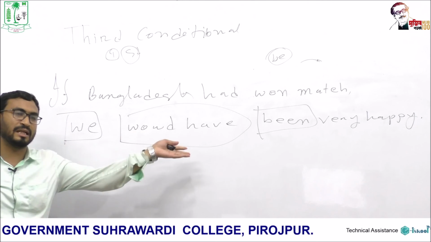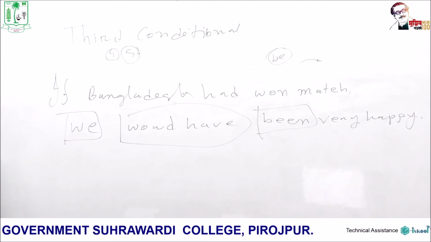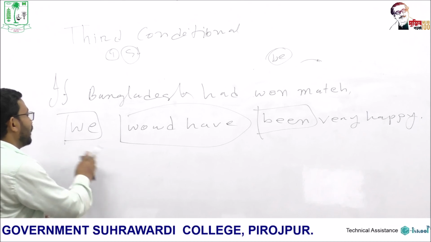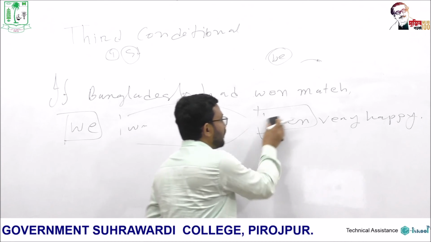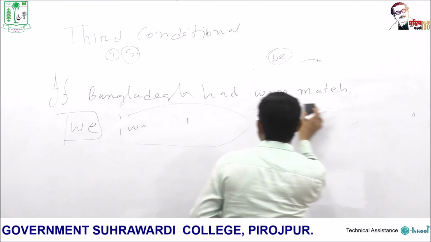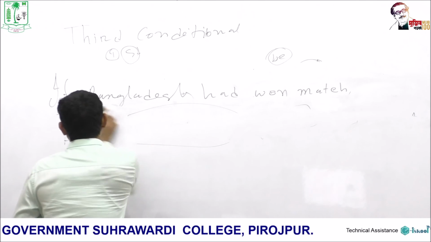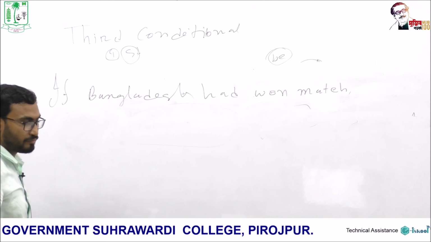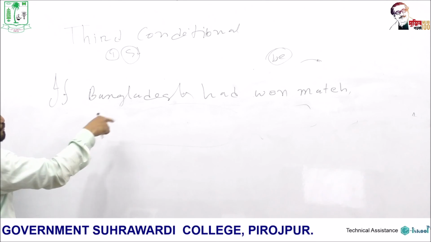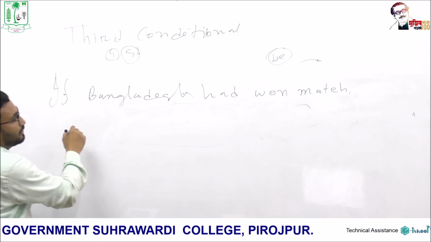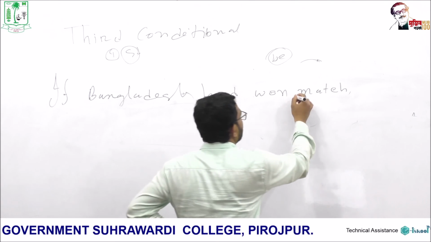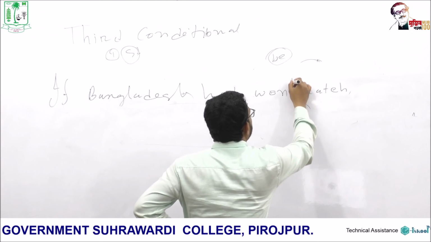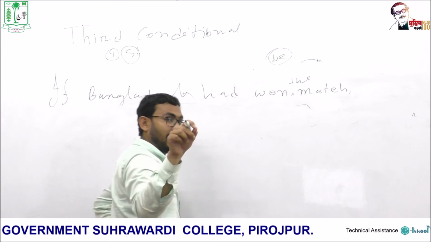So another student can complete it in another way. Can you give one more option of completing this sentence? For example, one more student can complete the sentence in another way. See, if Bangladesh had on the match. For example, I am talking about a cricket match.